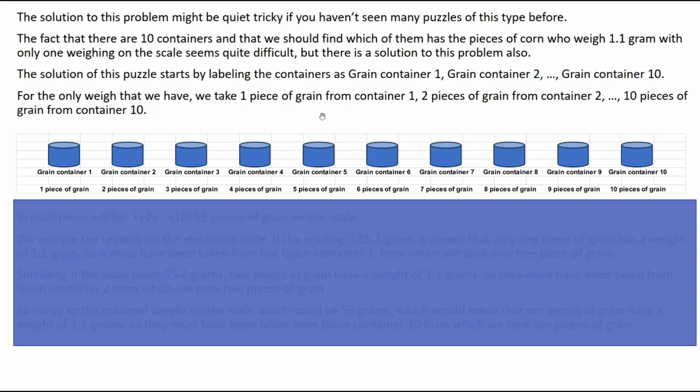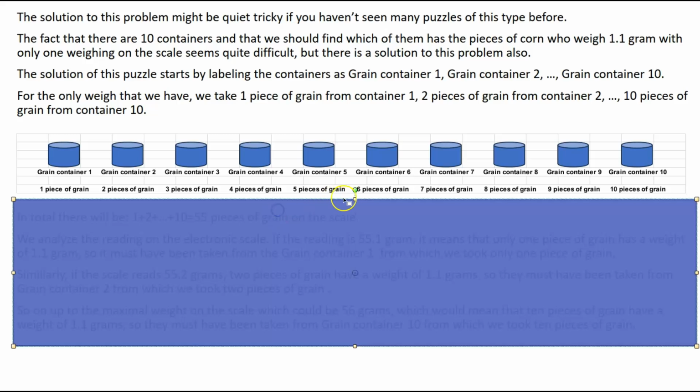We will take one piece of grain from container number 1, 2 pieces of grain from container number 2, and so on, 3 pieces of grain from container number 3, up to 10 pieces of grain from container number 10.